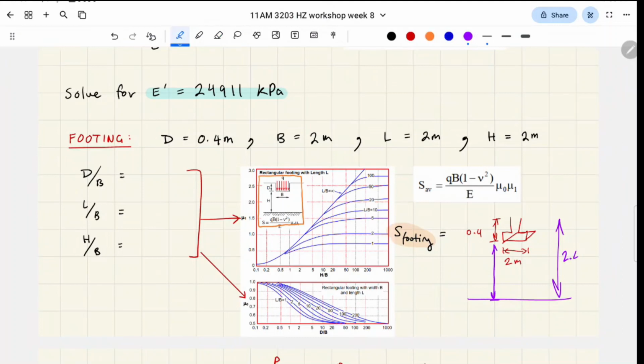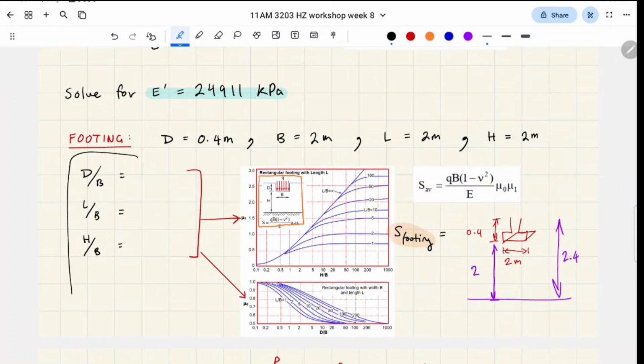So our sand layer was 2.4 meters tall, right? So our H is from the base of our footing down to the rock layer. H is going to be 2 meters because we're just doing 2.4 subtracted by 0.4. Got it? So H is just all of our compressible material underneath the base of our footing.